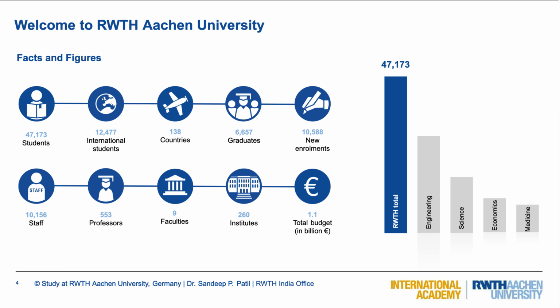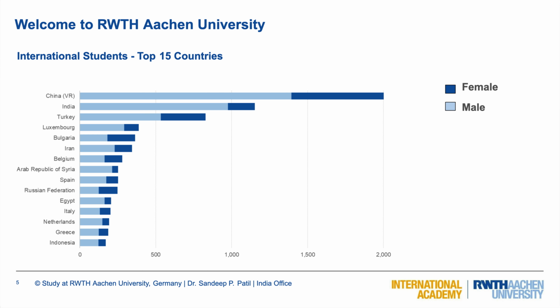Mainly, the students are coming from the mechanical faculties, then engineering and technology, and then medicine and life science and others. If you look country-wise, China is topping, but India is not so far behind. 12% of international students are Indian, and then 22% are Chinese, then Turkey, Luxembourg, Bulgaria, and many other countries are following this international crowd.